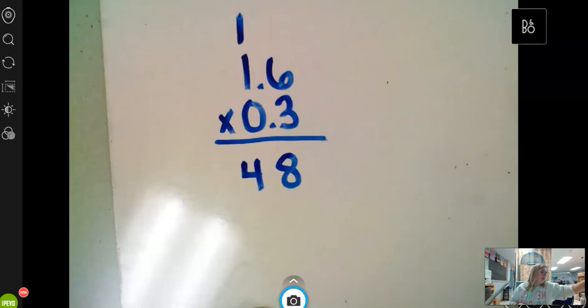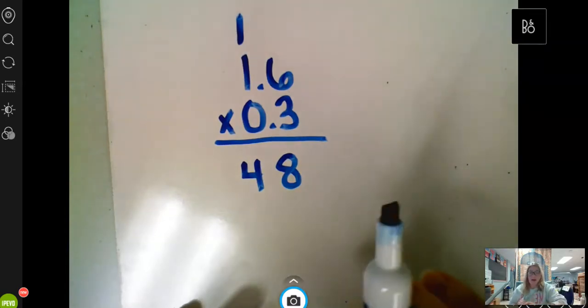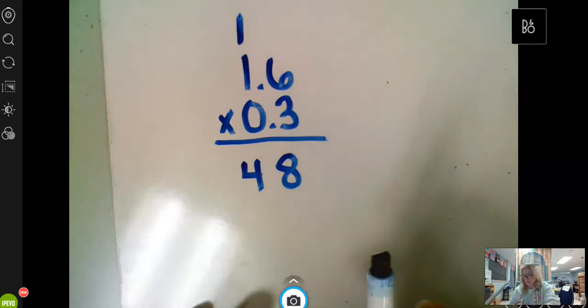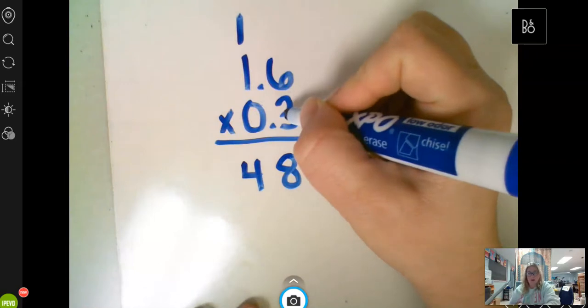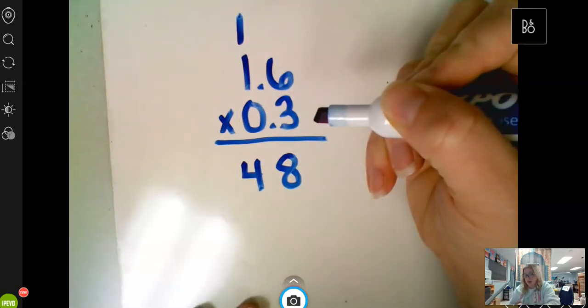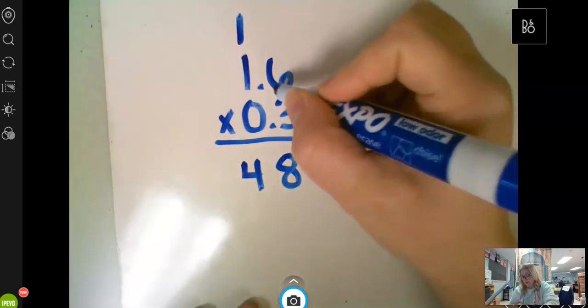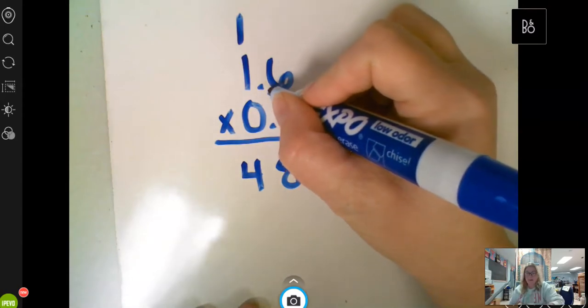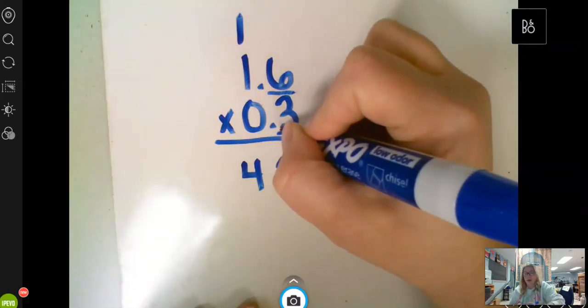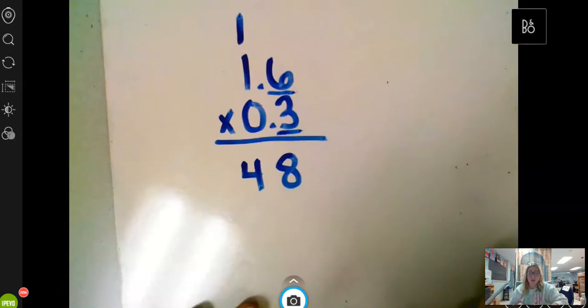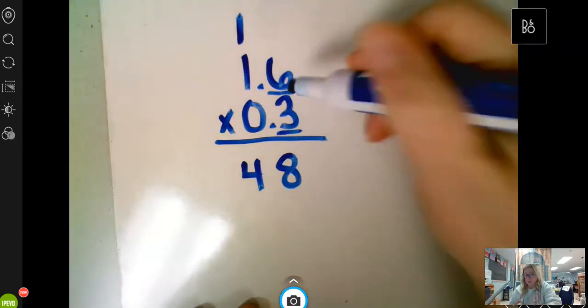One way that I can think about doing that is count up how many decimals I had in my factors. So what that means is look at the two numbers I multiplied and figure out how many places I had after the decimals. So I have one place after the decimal point in 1 and 6/10, and one place after the decimal point in 0 and 3/10, which means 1 plus 1 is 2.